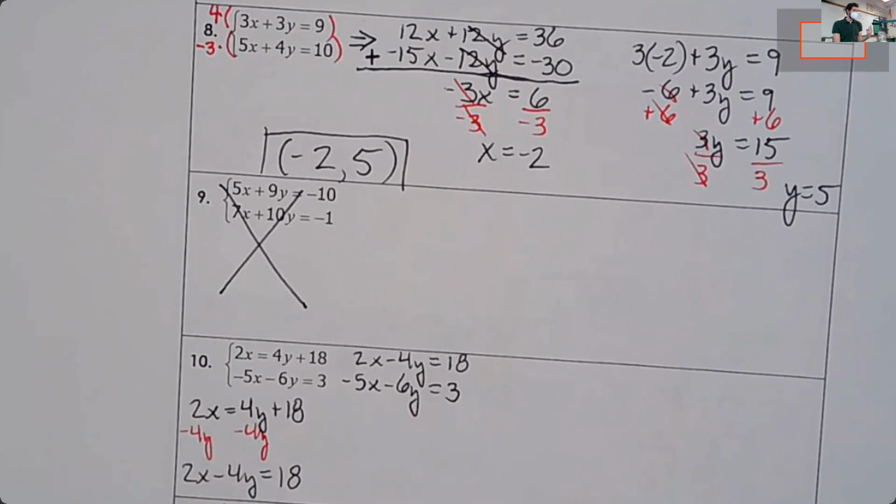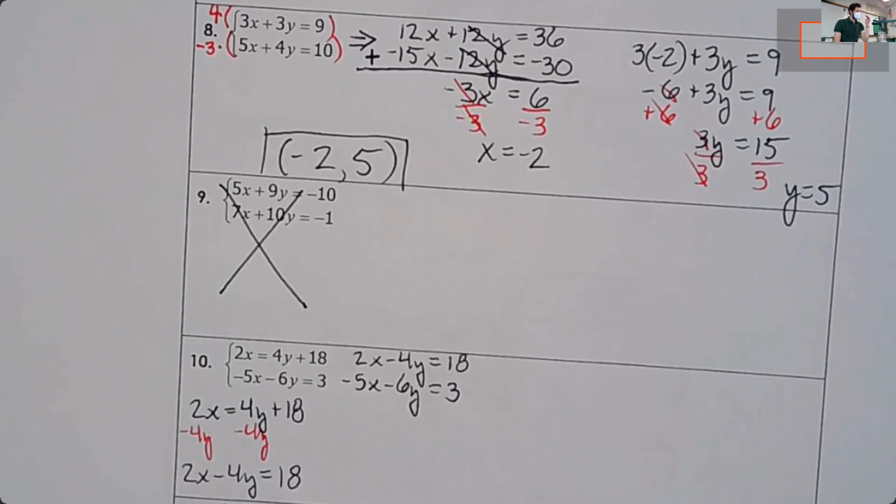So we need to multiply either one equation or both equations to make that happen. And I'll just tell you right now, we have to multiply both equations. And it's up to us which number we want to get the same in front of either one of our variables. So that'll be entirely up to us. And I'm going to leave that up to you.